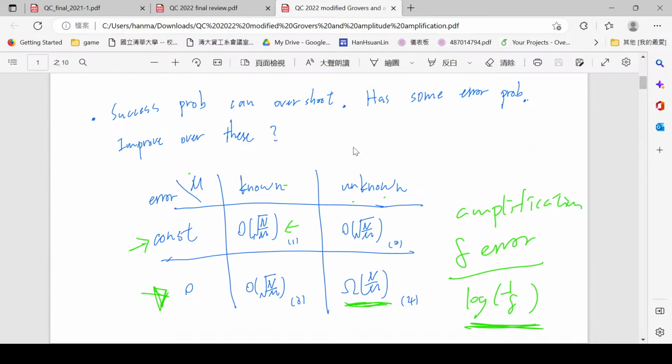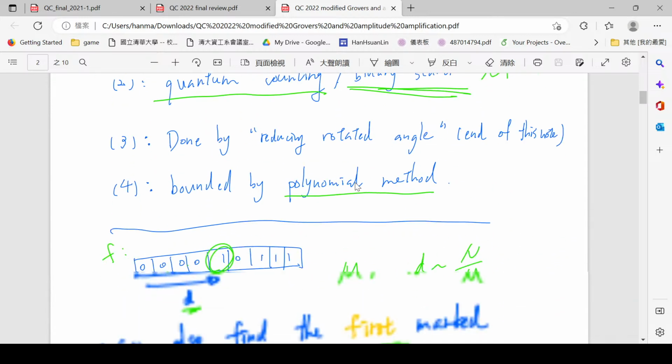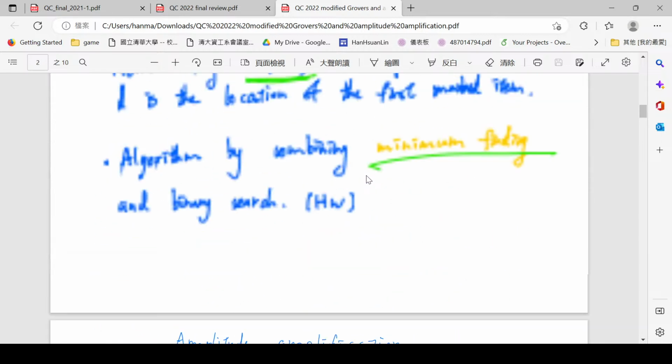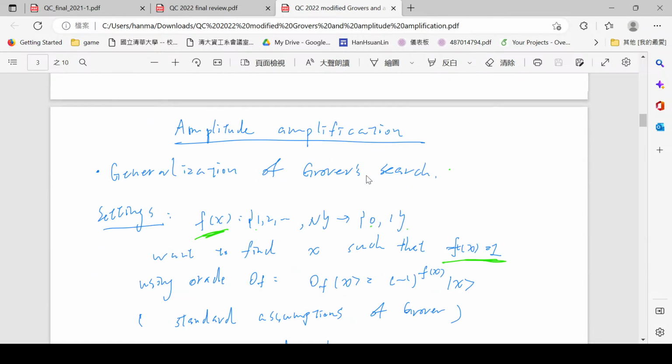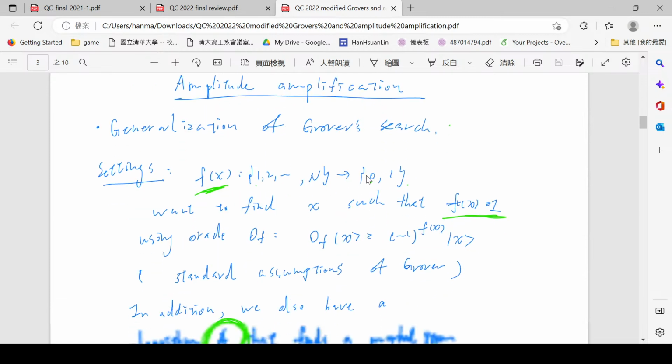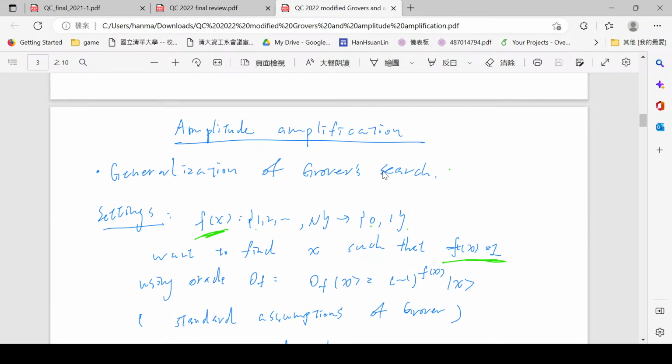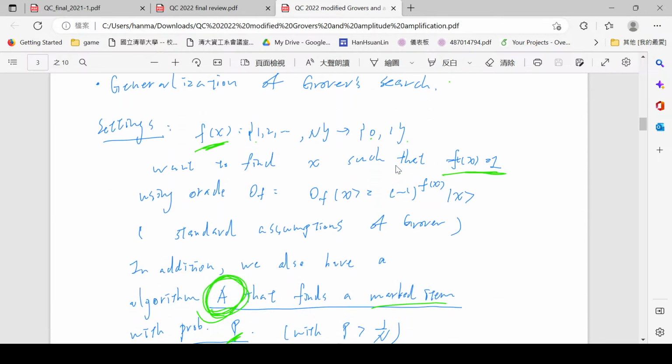I guess quantifiers for Grover's algorithm, like whether m is known or unknown, and whether error is constant or zero. And we go through this generalization of Grover's algorithm, which is amplitude amplification. I guess this can be quantum or classical.